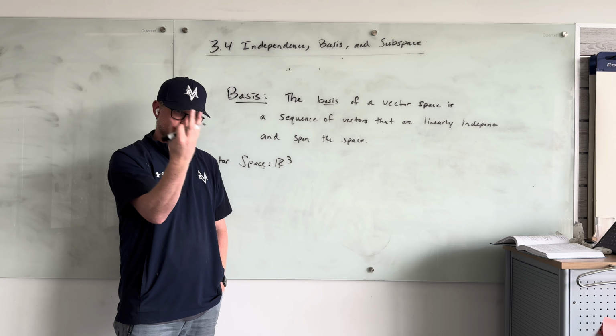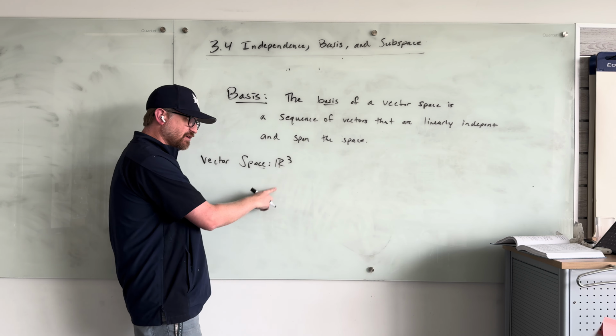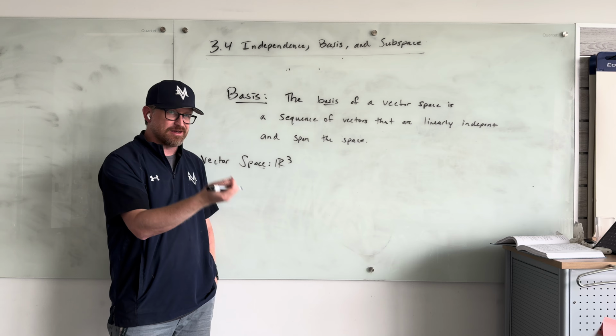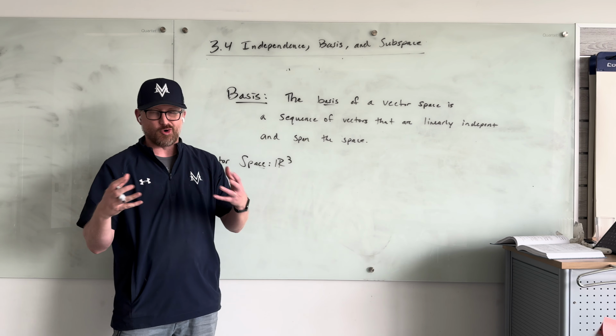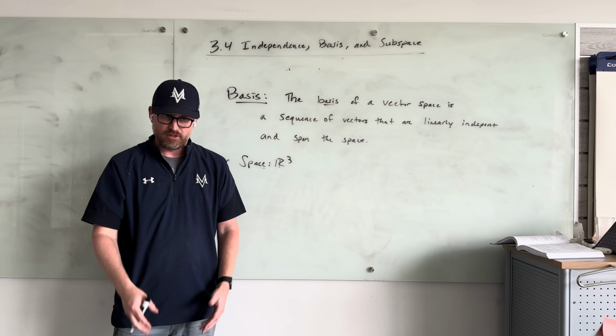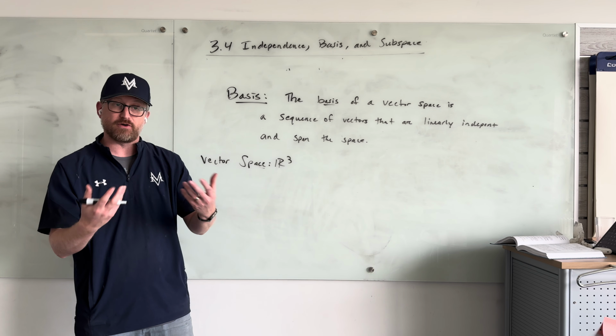In this case, we're going to need 3. If I want to be able to get to the entirety of the space, then I need just the right number of independent vectors. This is like the Goldilocks number needed to create and describe whatever space we want to focus on.